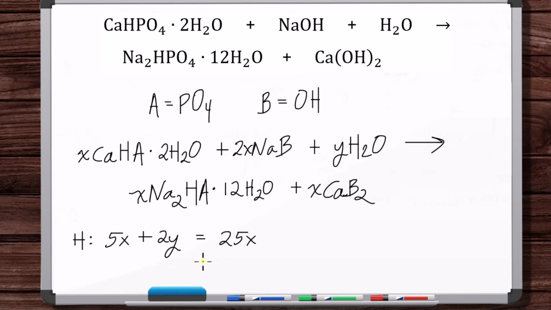So we've got 2y is equal to 20x. So y is equal to 10x. And there we go. Let's just set x equal to 1, and we've got 2, 10. And that's the balanced equation.